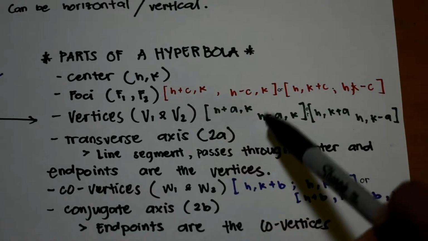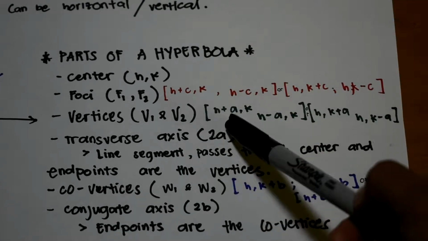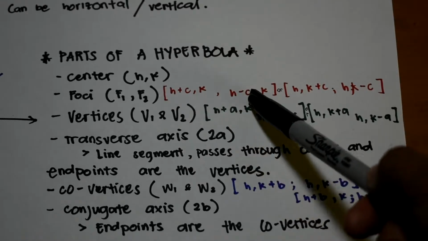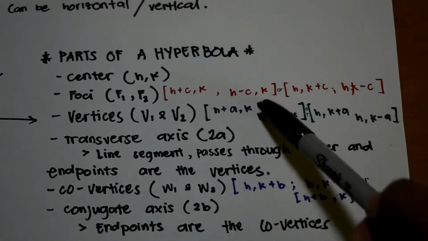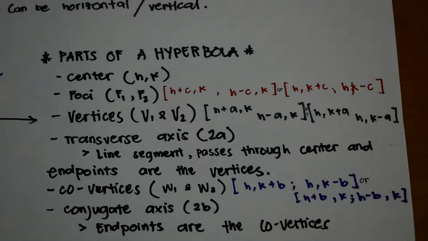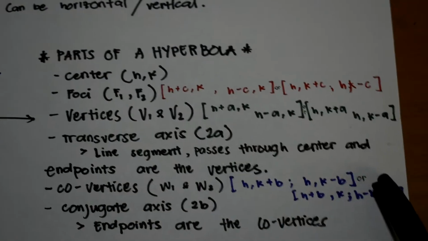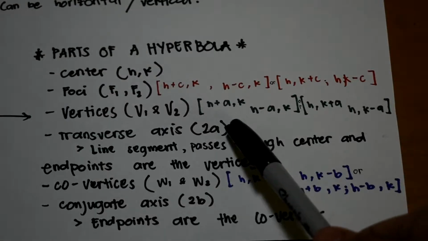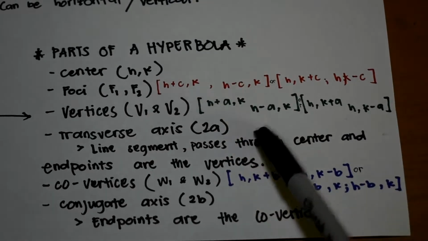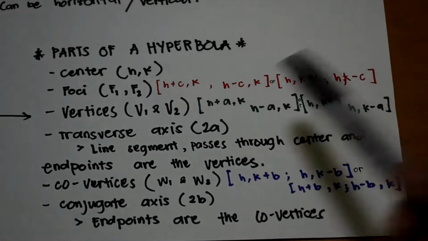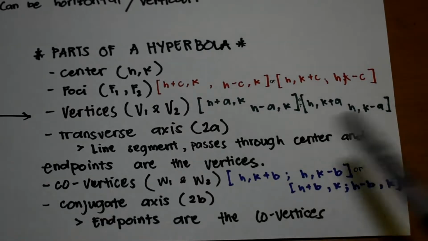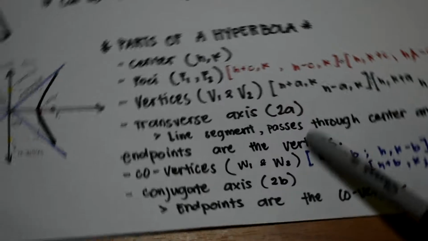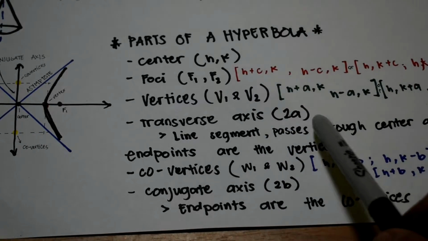In the vertices, it is different from the two because it's the exact opposite. If your foci and co-vertices are found in the horizontal part of your graph, your vertices are found vertically, not in line with the two. So you add and subtract A to your H if it's horizontal, and add and subtract A to your K if it's vertical. For your transverse axis, you take A and double it.